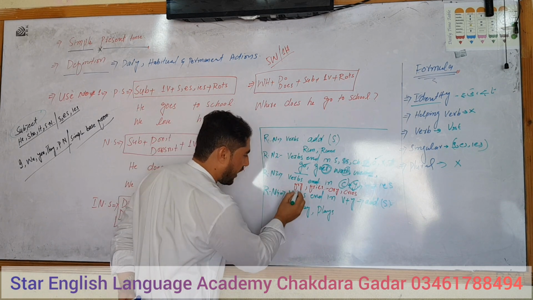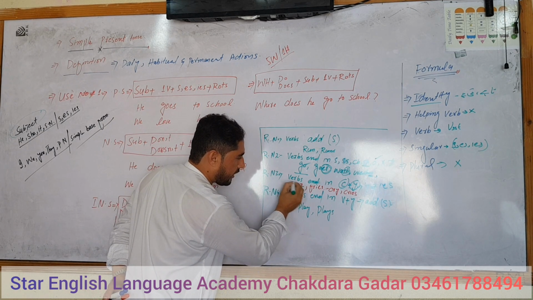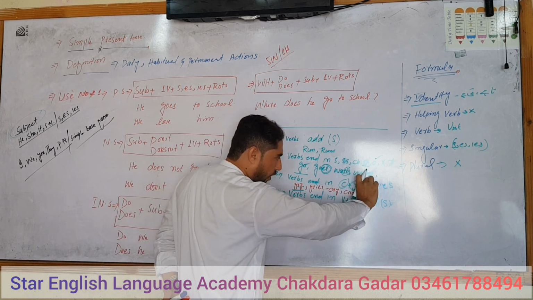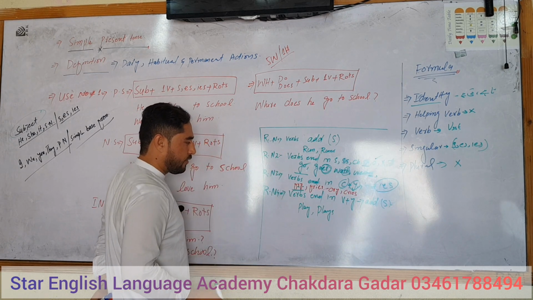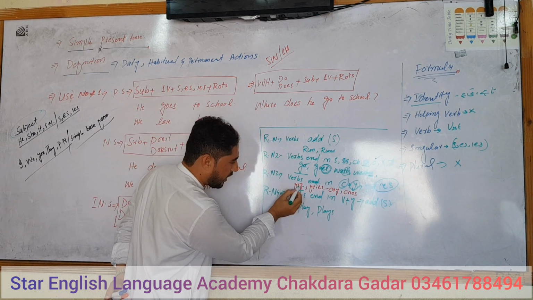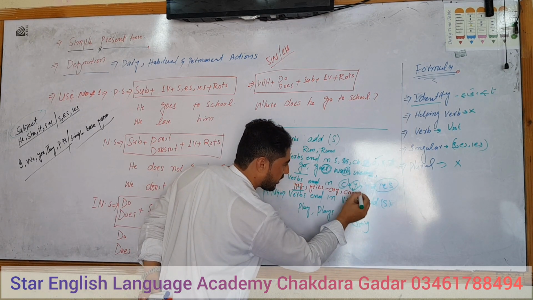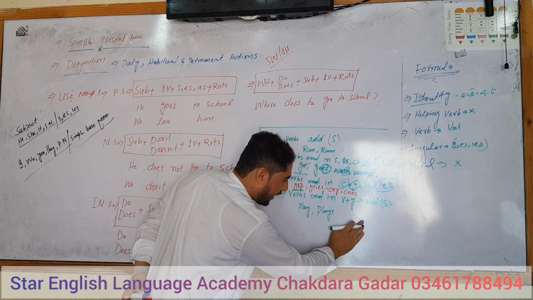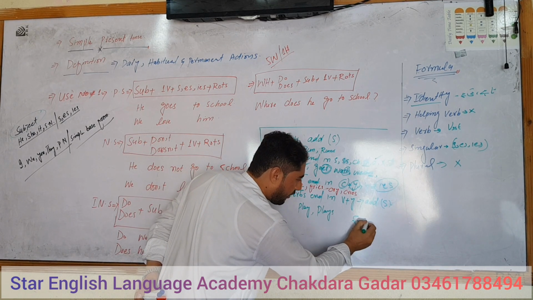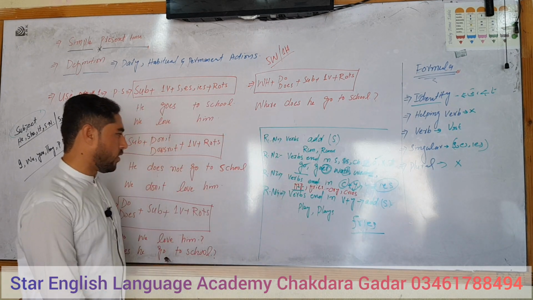For example, here I wrote pry, the r is a consonant and y is itself, so we will remove the y and we will replace it with ies. Here you can see r plus y, so we will remove y and add ies. So it is the third rule of simple present tense.